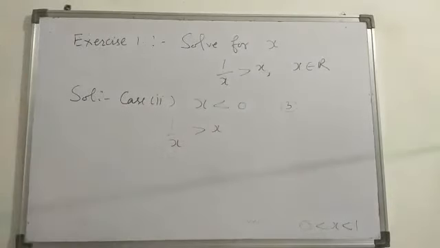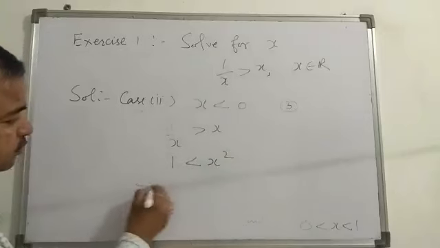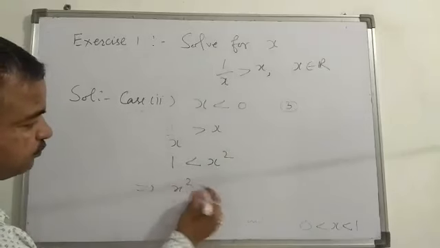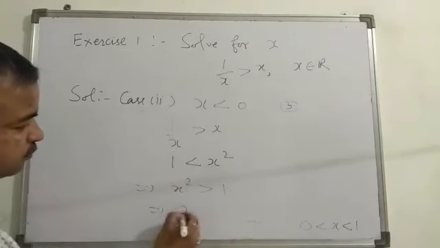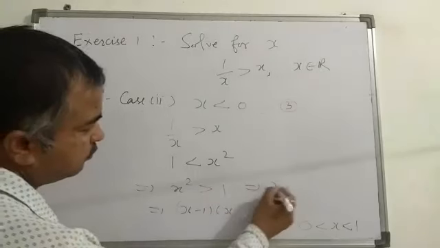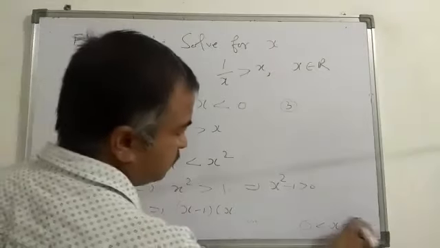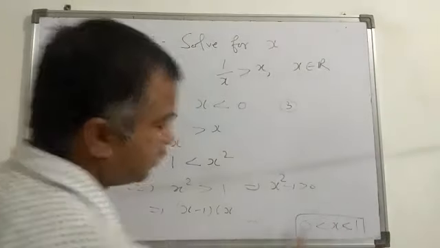Now if I multiply by a negative real number, then the inequality will change. Means 1 is less than x square. This is from case 1.